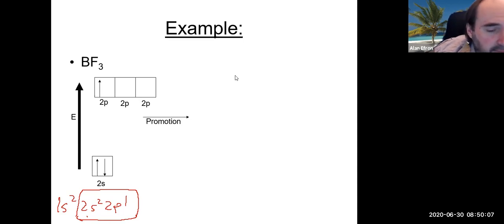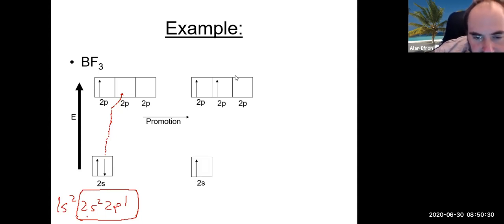Now, as this goes through the hybridization process, this electron in the lower energy level is going to go up. But just like what we did with electron configuration, it will end up in the next box, just like we did with orbital diagrams.